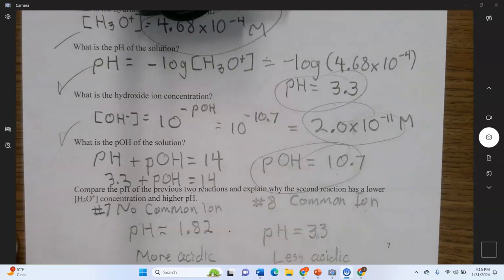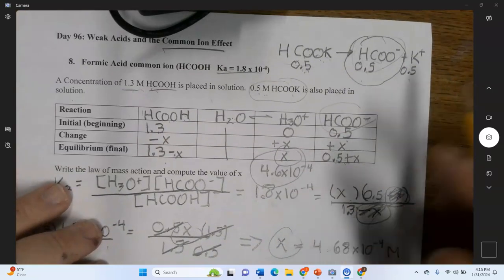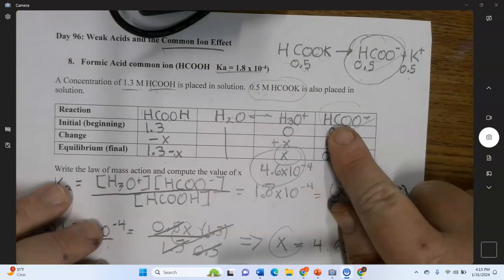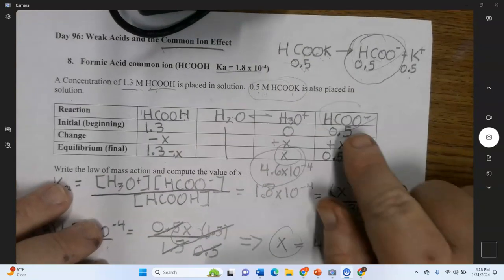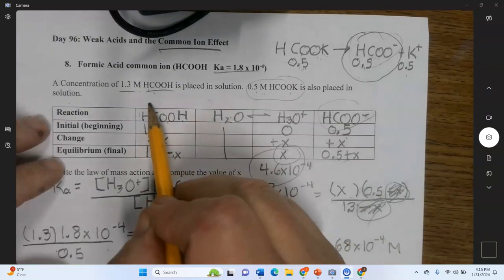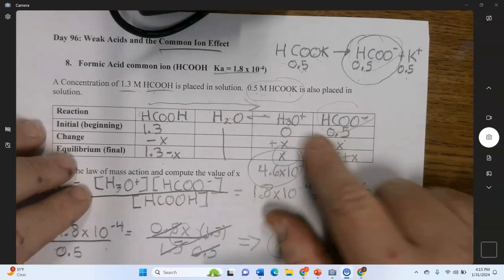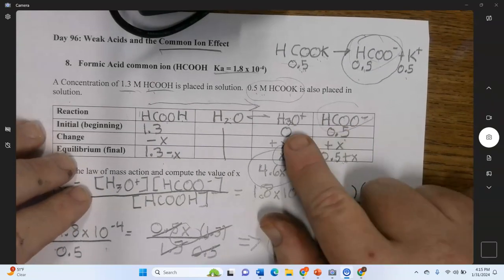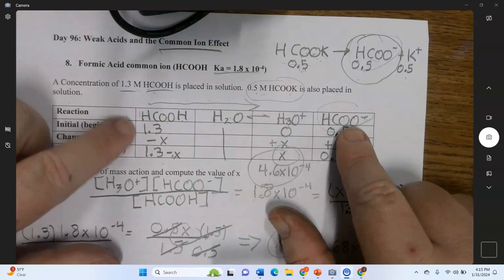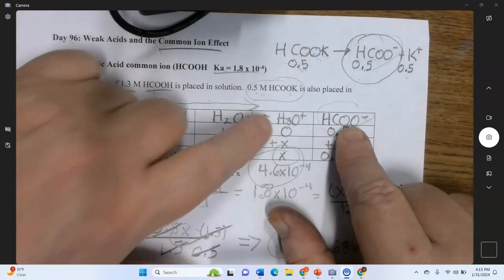Okay, so why? Let's go back up here and look at the reaction. When we had no common ion, this side of the room was a 0. That was a 0 in the last problem, number 7. That means it's easier for the reaction to move to the right because this is an uncrowded room over here. It's 0 and 0. So more of this can dissociate and create more hydronium ions.